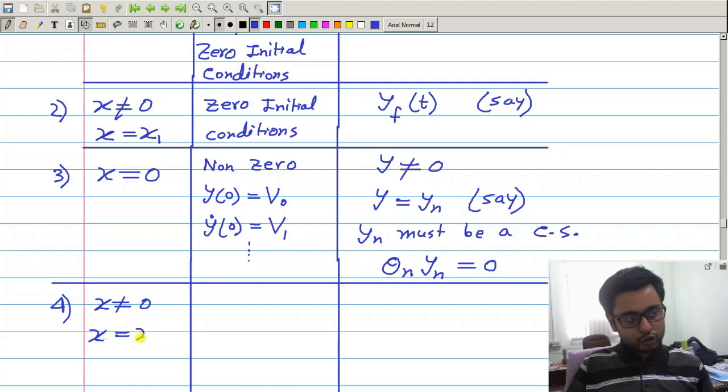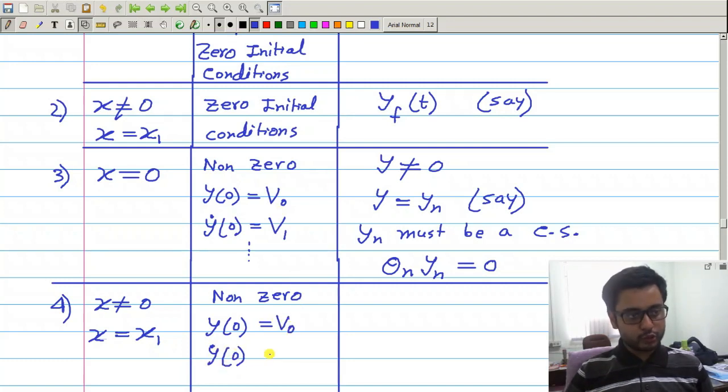So here also input is x1, and also initial conditions are non-zero. To be more specific, I will take them same as this situation 3. So y(0) equal to v0, y dot equal to v1, and so on.